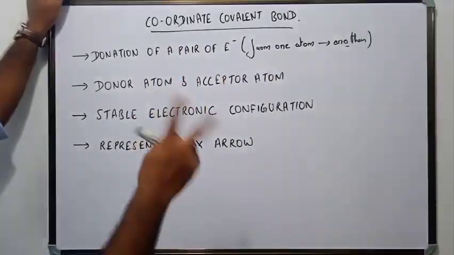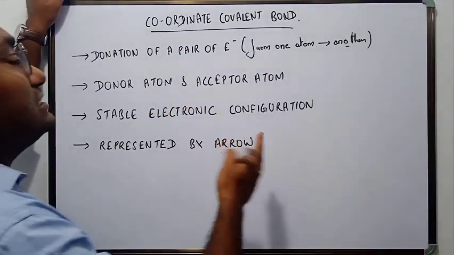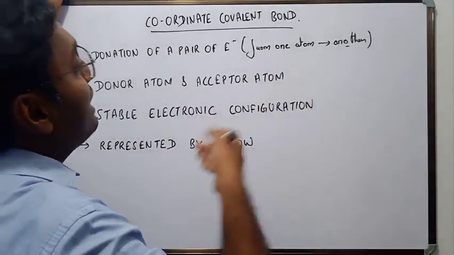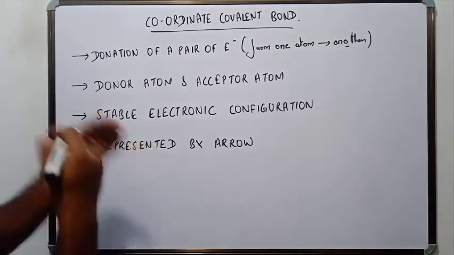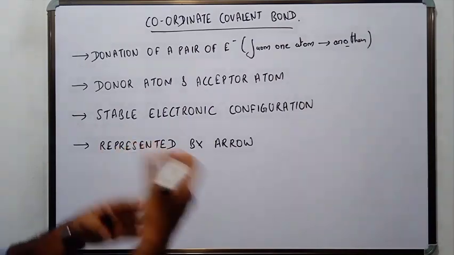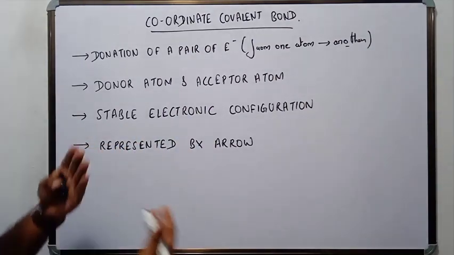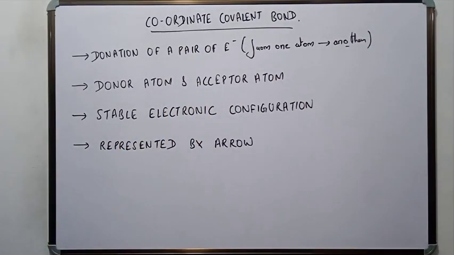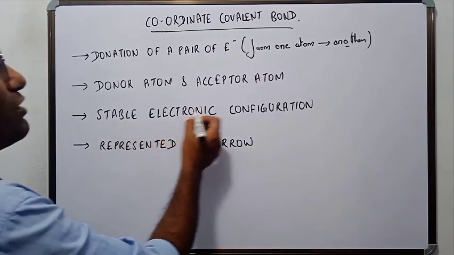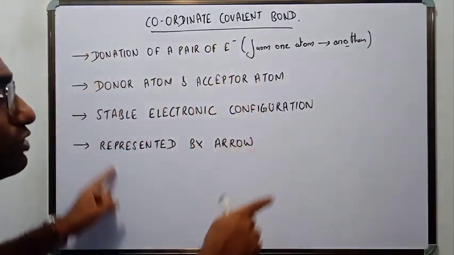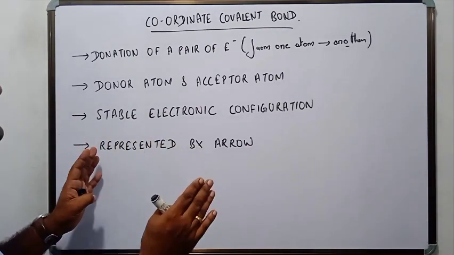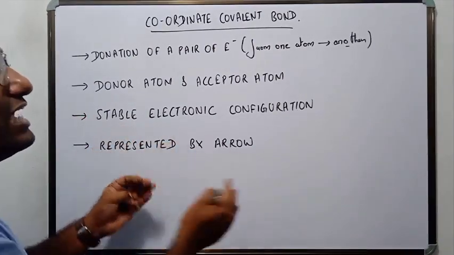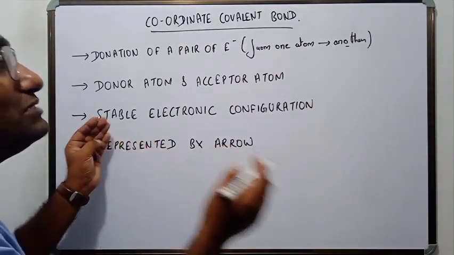So there are two kinds of atoms here. One is the donor atom, the other is the acceptor atom. In this process of donation and acceptance of a pair of electrons, both the donor atom and the acceptor atom achieve a stable electronic configuration in the outermost shell, the configuration of an inert gas. The molecule becomes stable.